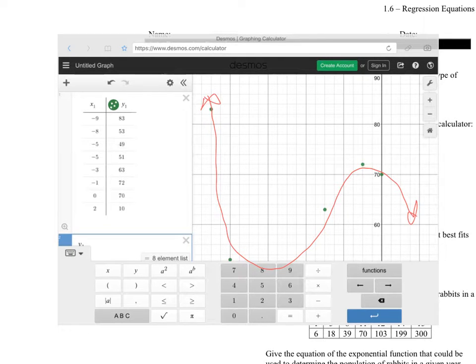And the type of function that I want to know about is a cubic function, because it looks like this thing bends twice. It looks like a third-degree polynomial. So what I'm going to do is make up a third-degree polynomial that has places where coefficients could go if I knew what they were. So for example, the first term of a third-degree polynomial would probably be some number and x to the third, right?